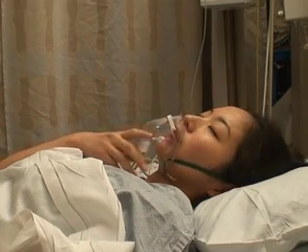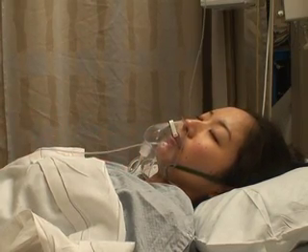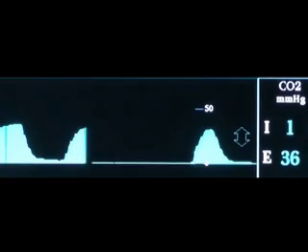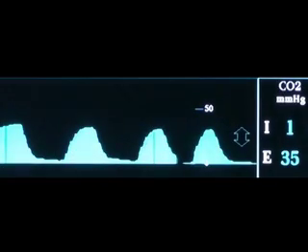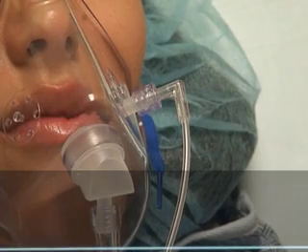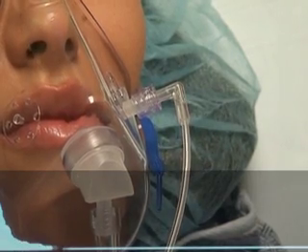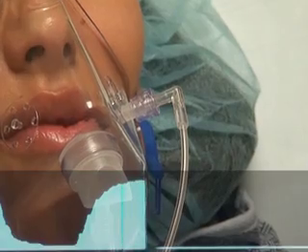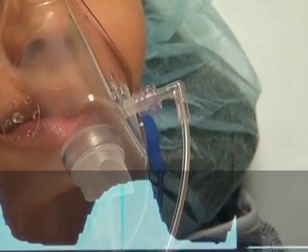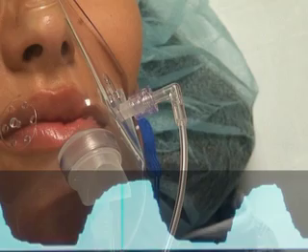As the sidestream catheter is moved farther away from the patient's airway, the EtCO2 value will decrease progressively. Although the EtCO2 of a patient who is not intubated represents only a qualitative indicator of ventilatory status, the patient's respiratory rate can still be determined from the waveform of the capnogram.